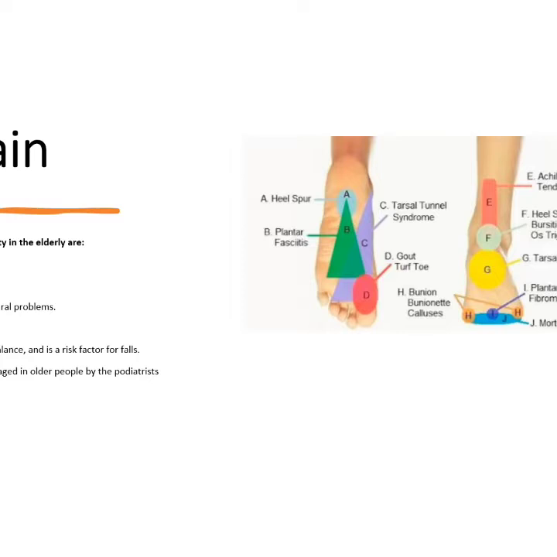And diabetes can also affect the circulatory system, and we already discussed that the older we grow, the more prone we are to developing type 2 diabetes, which can affect the blood circulation to the feet. Foot pain impairs mobility and balance, and it is a risk factor for falls.